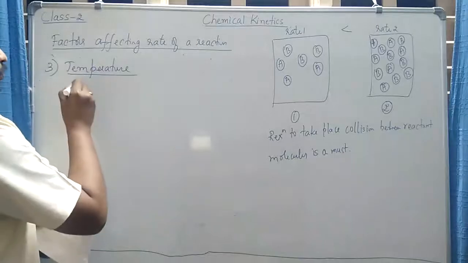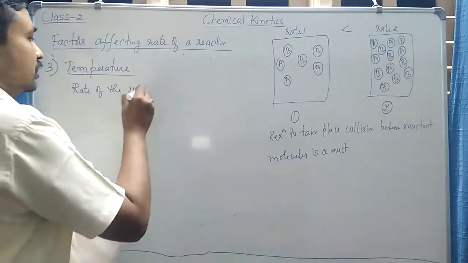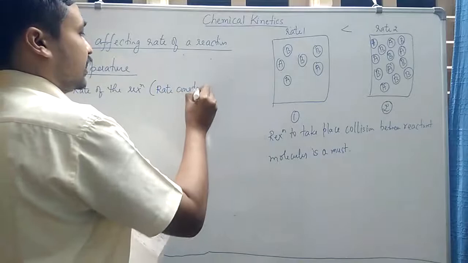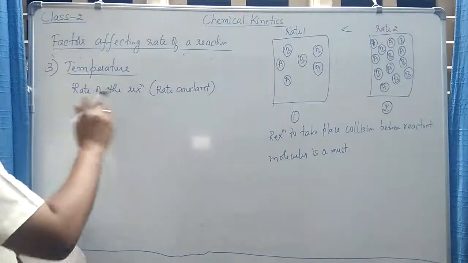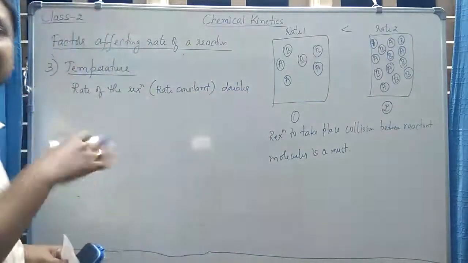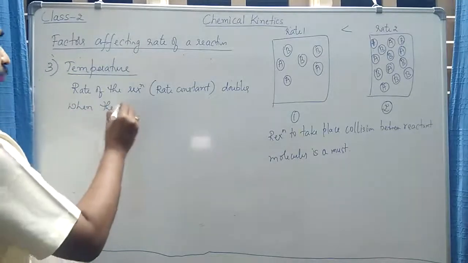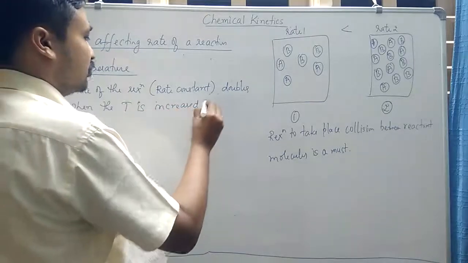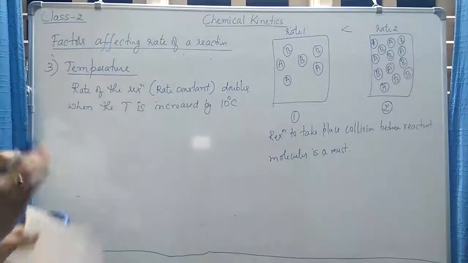Okay, it is generally observed that the rate constant of a reaction, what is rate constant of a reaction? I will tell you later. So rate of the reaction or rate constant of the reaction approximately doubles when the temperature is increased by 10 degrees Celsius. This is a thumb rule.